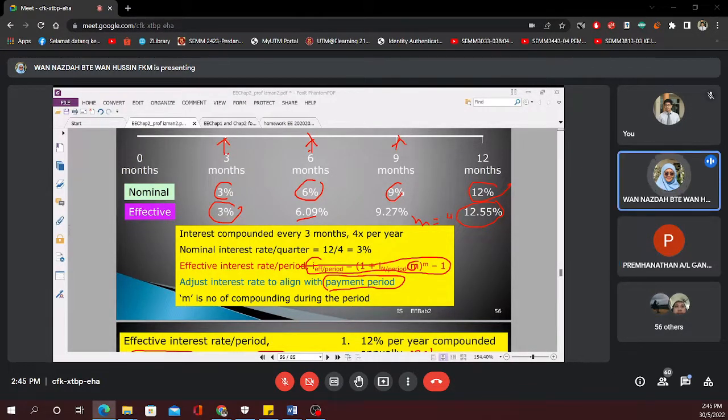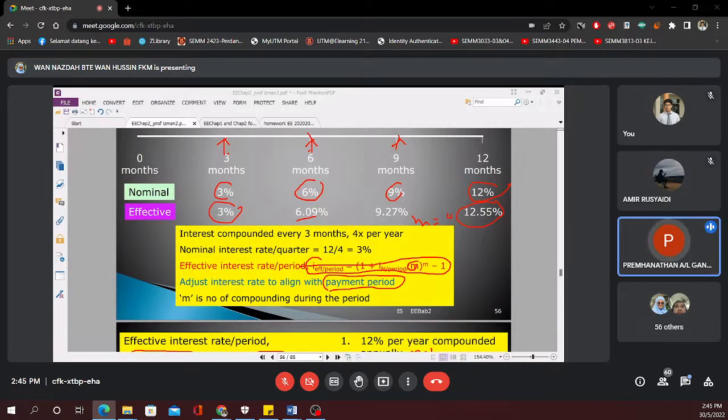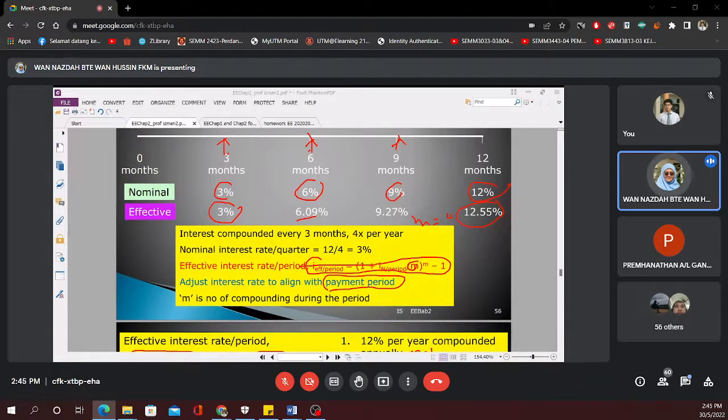Tak, saya tanya. Kalau annually tu maksud dia apa? Setahun sekali. Setahun sekali doktor. Pandai. Maknanya bank dia kira berapa banyak dia nak charge interest, kalau kita saving maknanya dia bagi kita dividen kan. Jadi dia kira setahun sekali.